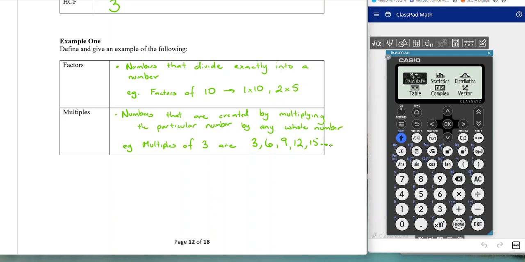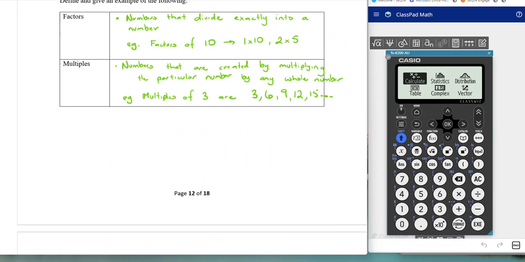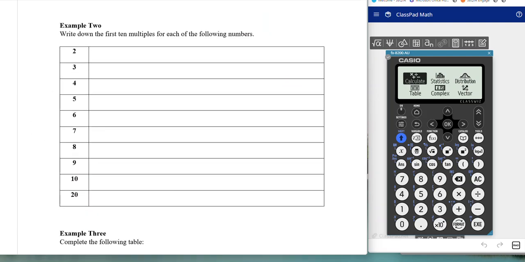Okay, so let's try some on the next page. Example number 2. Has everyone written that down? Okay, question 2. Write down the first 10 multiples, so that's quite a lot, for each of the following numbers. So starting with our 2 times tables.